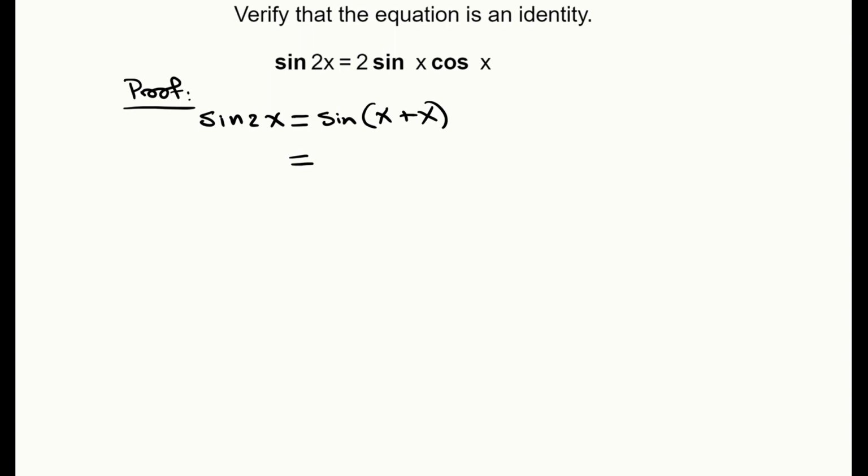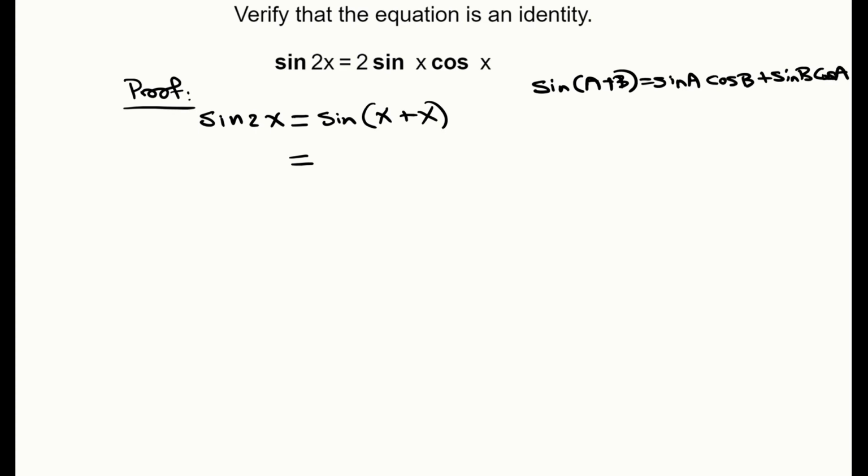So here we're going to go ahead and apply the sine of a plus b identity, which is, as you know, sine a cosine b plus sine b cosine a.